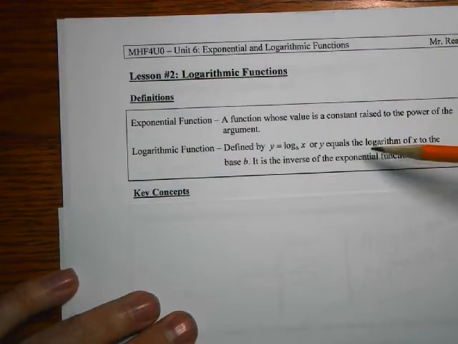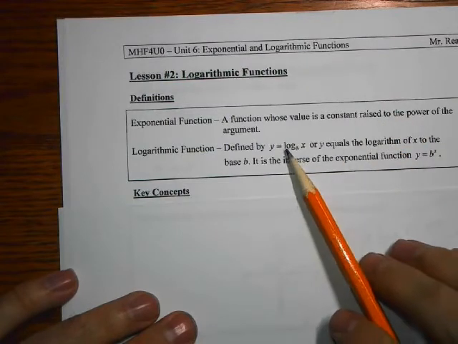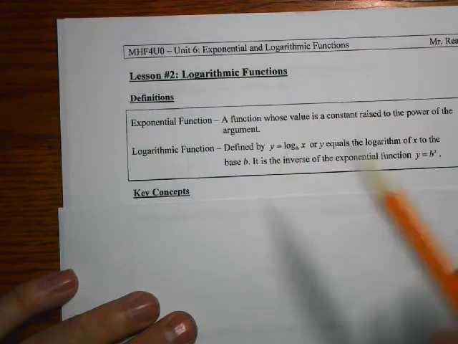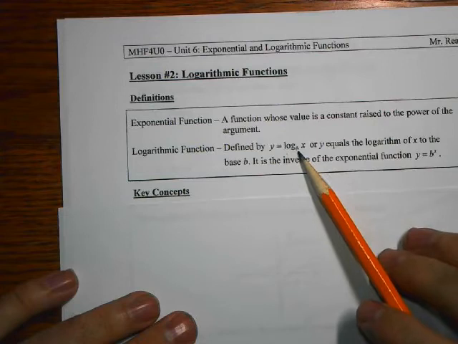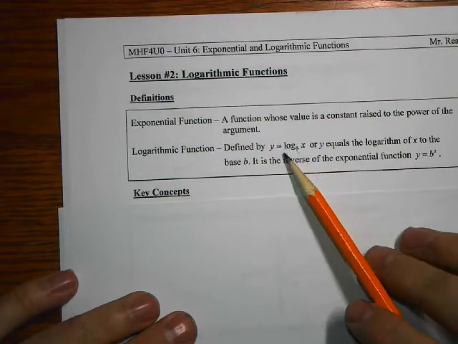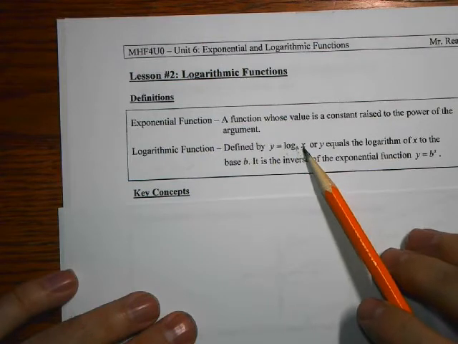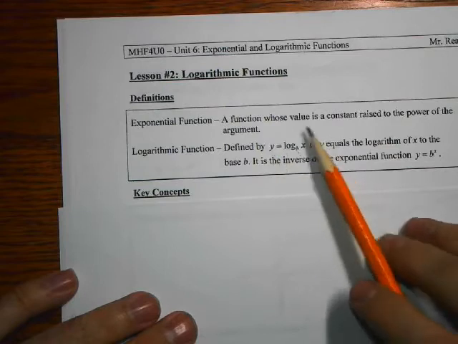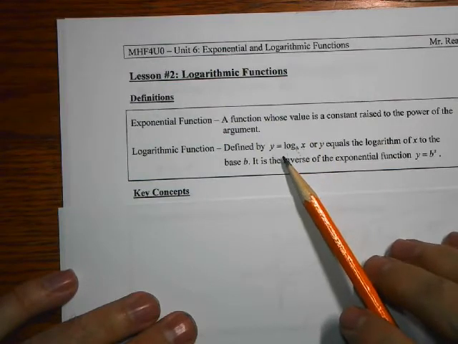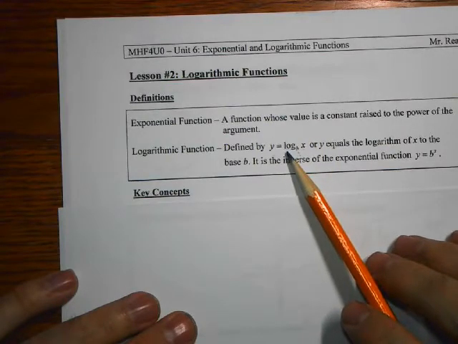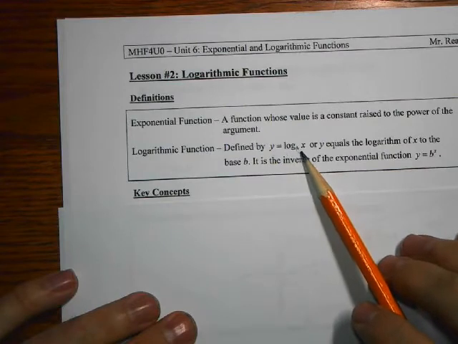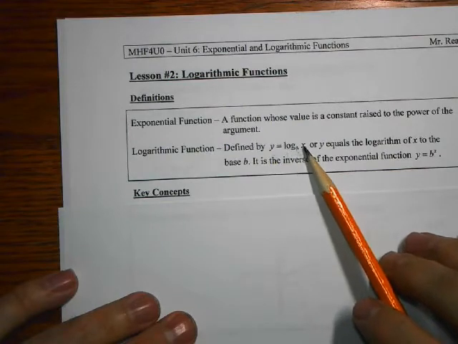With the logarithmic function, here's the official way of writing it: y equals log, with a little b, written as log base b. Whatever that number is would be the base of x. So I would read this as y equals log base b of x.